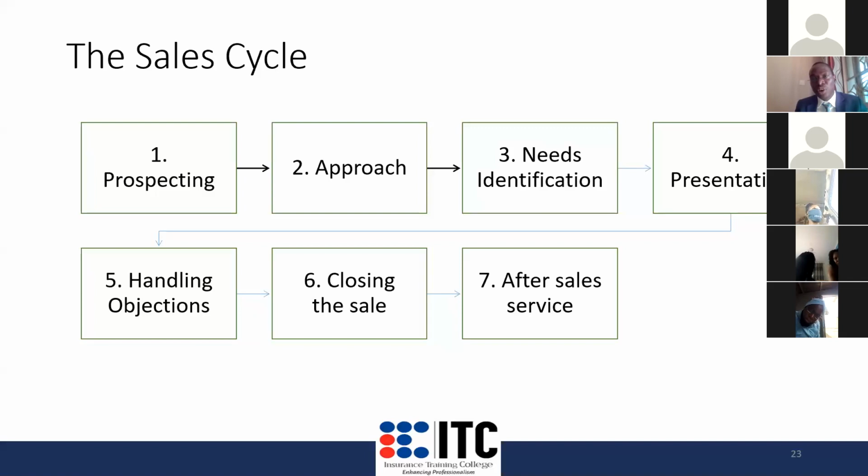They're calling you, come and deliver the document, but because you promised something that you cannot give, now that is the time you start hiding. It is very important you remain professional and always service your clients. There are so many benefits you're going to get out of this after sales service.